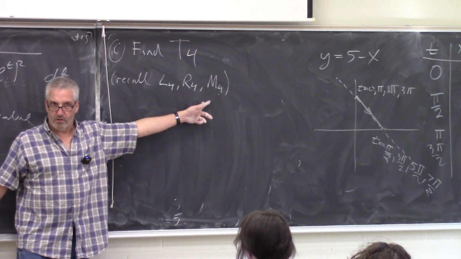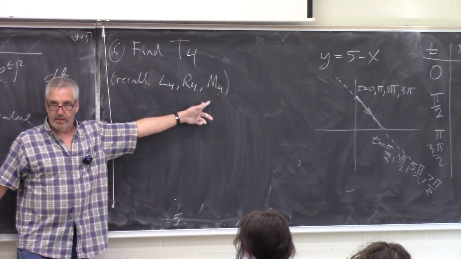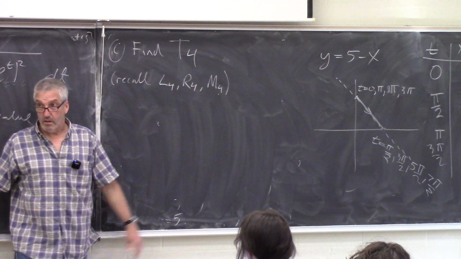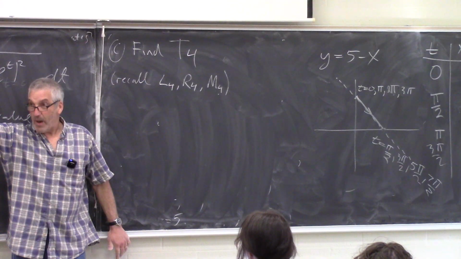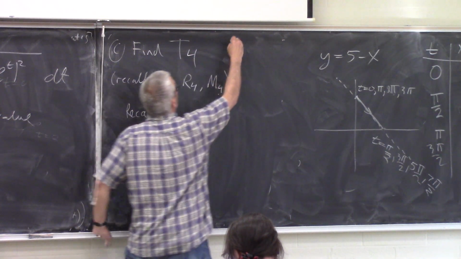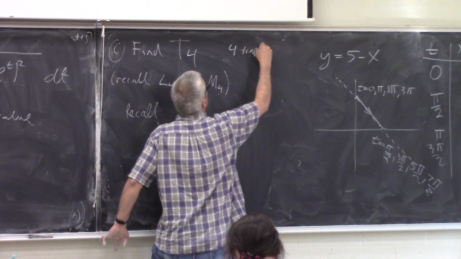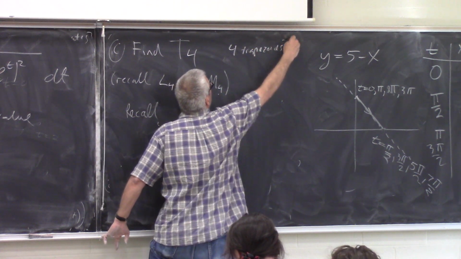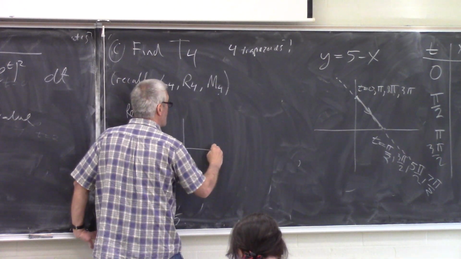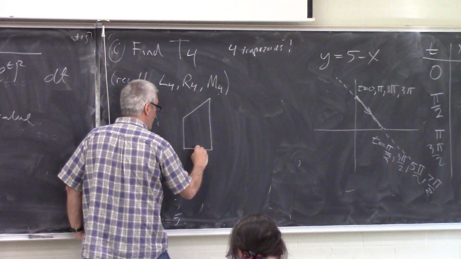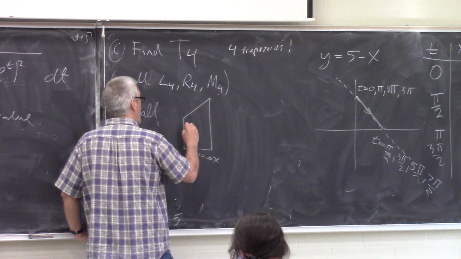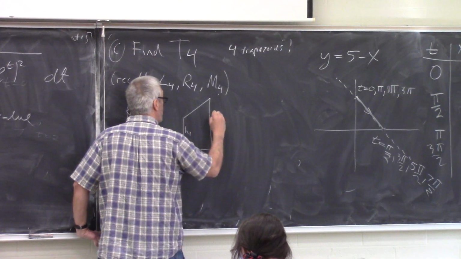What's the 4 telling you? How many rectangles? 4 rectangles. What's the T going to mean? Trapezoids. So recall for a trapezoid, we have width delta x, and we have h1 and we have h2.